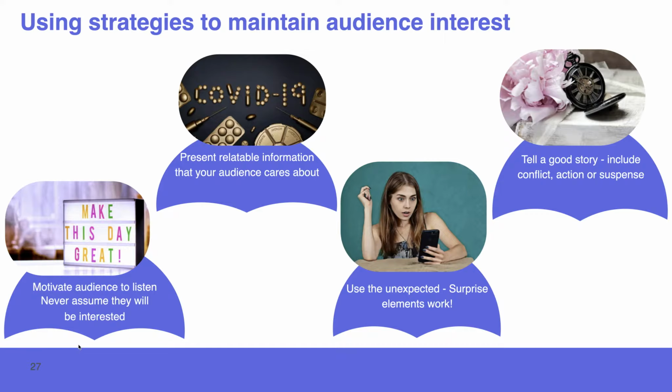So use the unexpected, but of course, use it ethically. And then tell a good story, with your examples and facts and anecdotes and experiences, right? Tell a good story, include conflict or action or suspense or something that keeps them wanting to continue to listen to you.